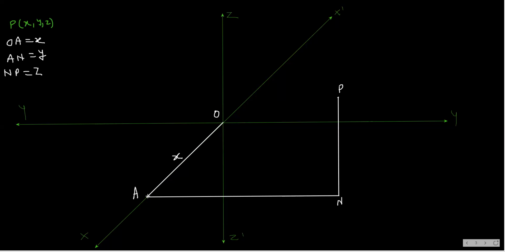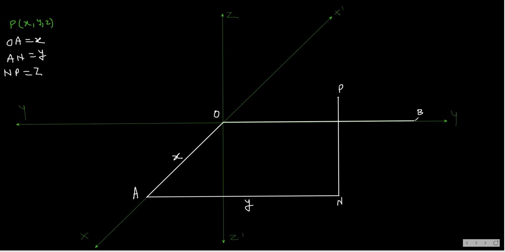So here, see this displacement here is, always remember, the same as this displacement here. This is y displacement. So you have AN as y, so OB.